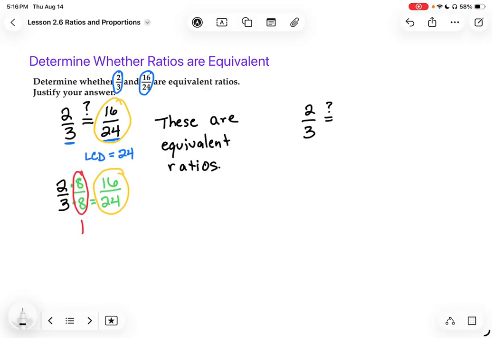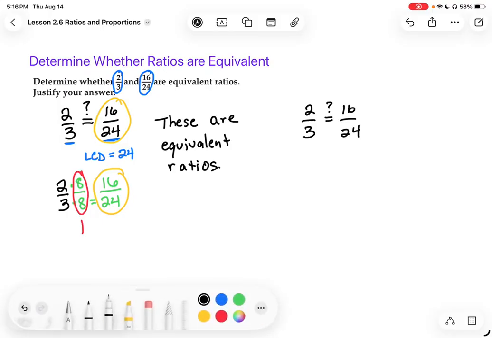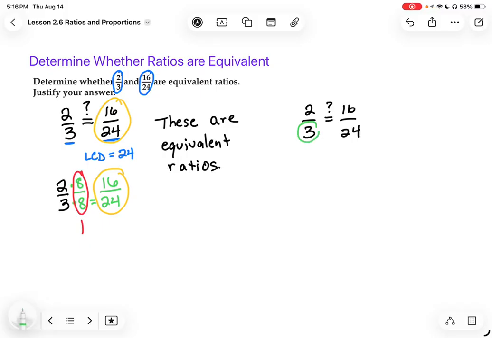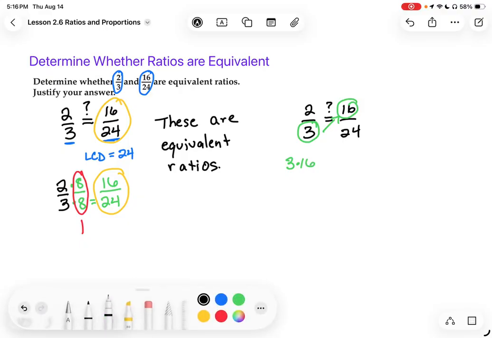Another way that you can do it without finding a common denominator is by cross multiplying. So what you do is you take the denominator from the first fraction and the numerator from the second fraction and multiply those two together. And you see, is that cross product equal to the other cross product?